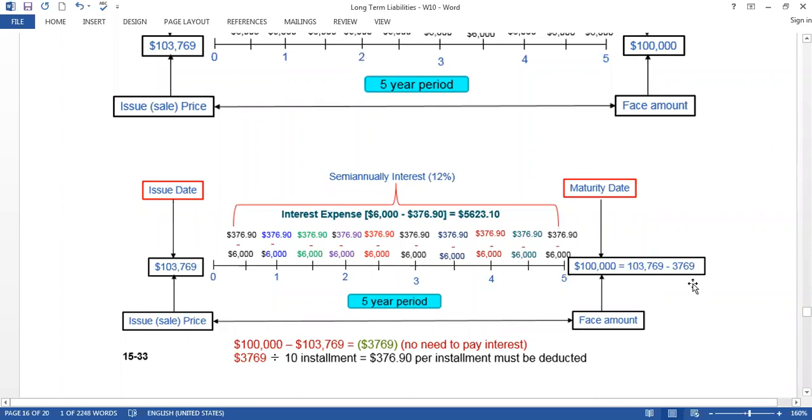So if we record it for 5 years, it is our mistake. Why a mistake? Because we have to follow the matching principle. According to the matching principle, we have to adjust this interest to every year. That's why at the maturity date, you actually paid $100,000, right? So it means that 3769, you need not pay.